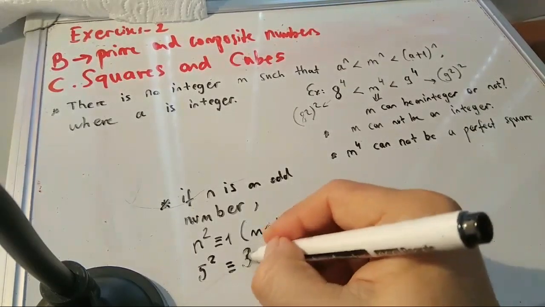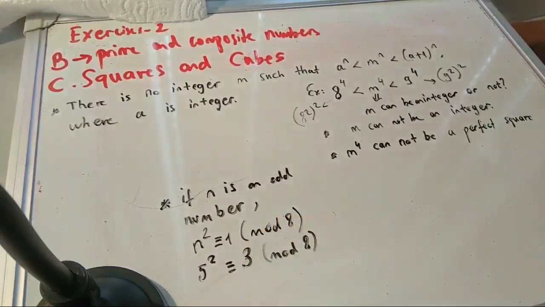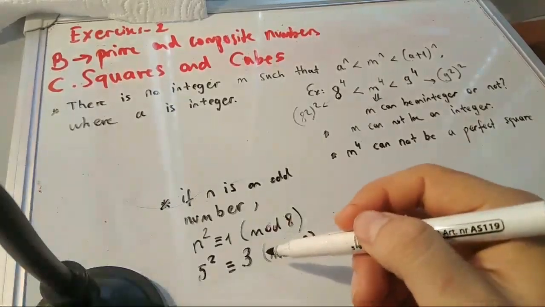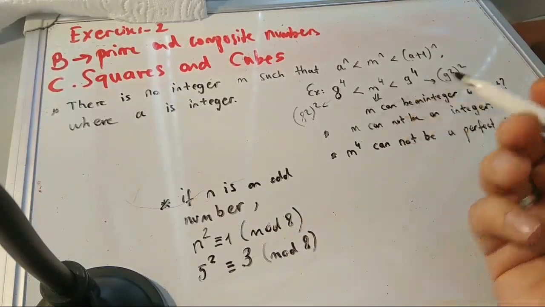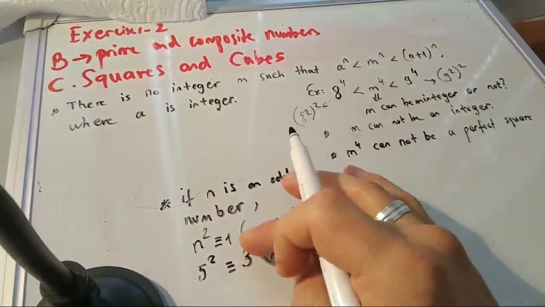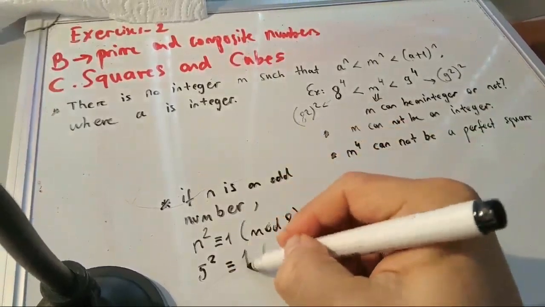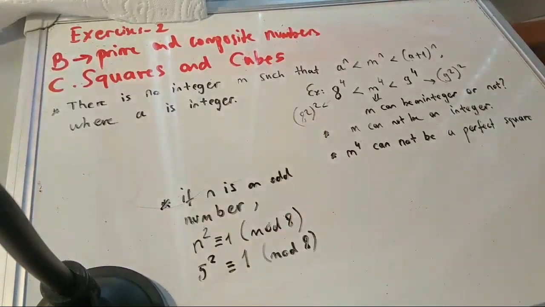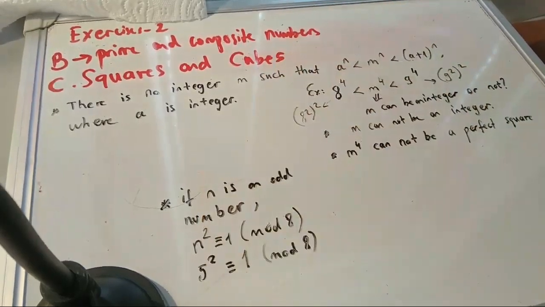Yes, Sarah, you're right. But we have to write the remainder, not the divisor and quotient. Just write 1 here. When we divide 5 squared by 8, the remainder is 1. The quotient is 3. Okay.